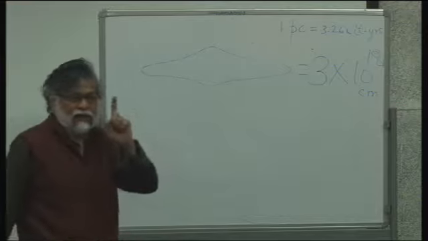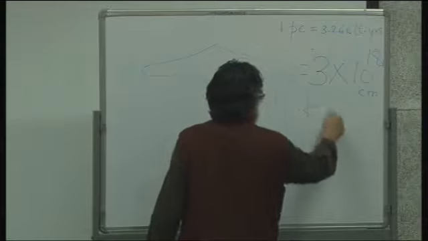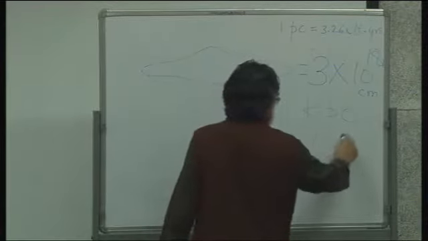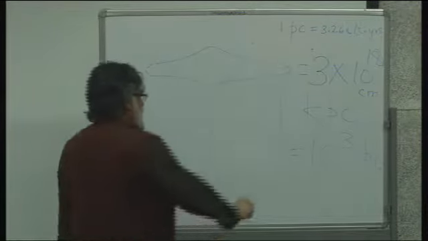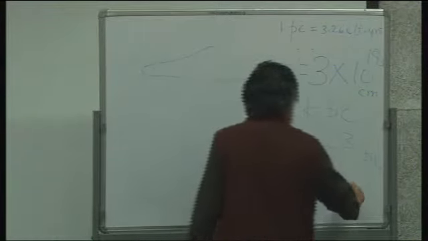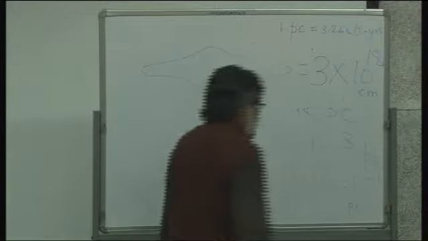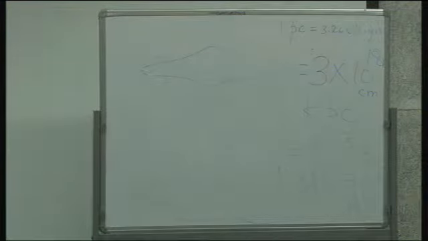That is what is 1 parsec. 1 kiloparsec is obvious, it is 1000 parsec. And then 1 megaparsec is 10 raised to power 6 parsec. I'm saying very basic stuff because many of you might not have astronomy background to begin with.